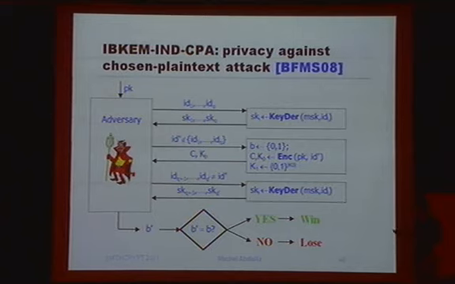It is similar to the definition of CPA for standard IBE schemes. And as in the usual notion, you can query the oracle to obtain secret keys for identities other than the challenge identity. You should not be able to tell whether you received the real key or just a random one.